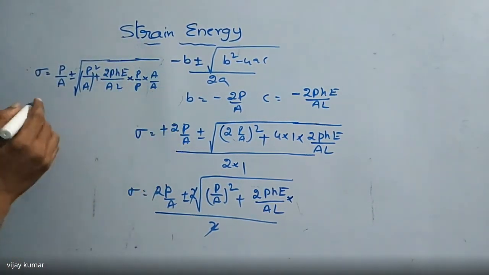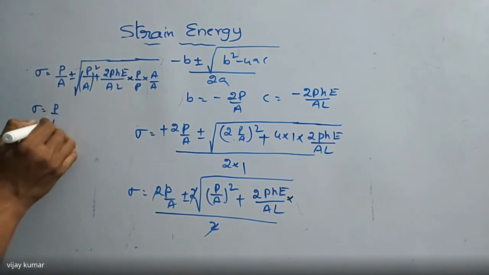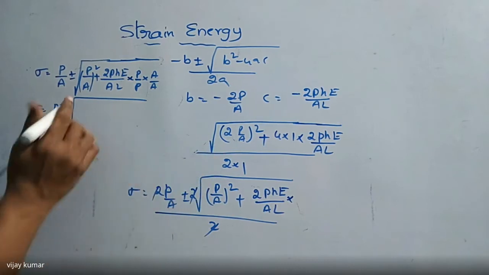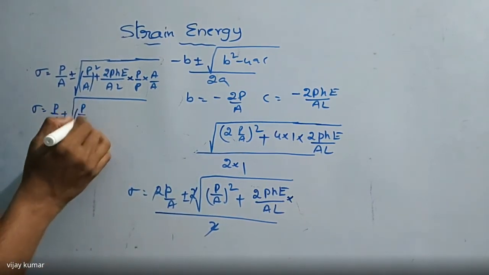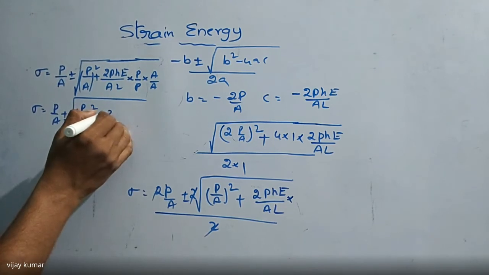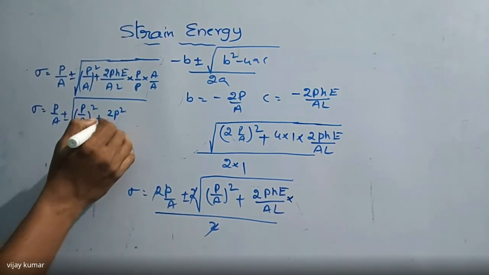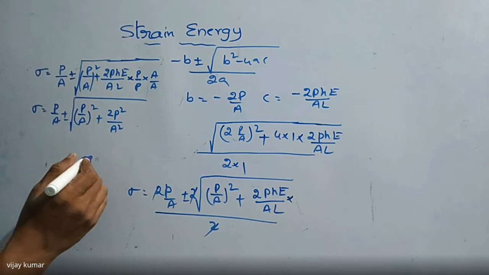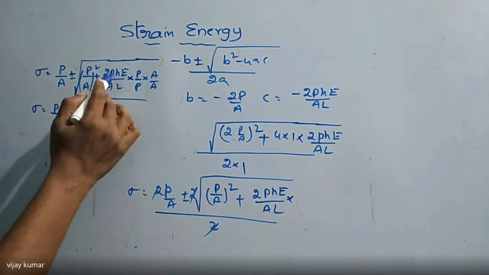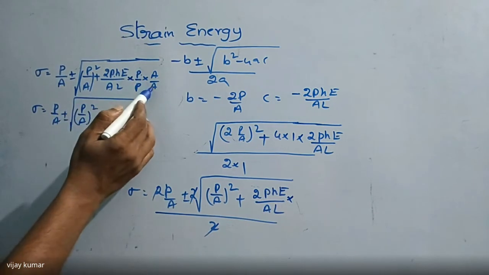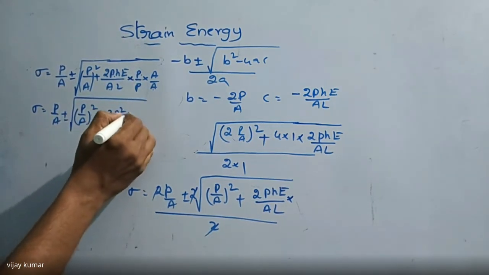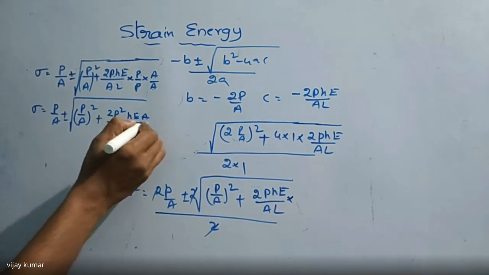See this one? Sigma is equal to P by A plus or minus square root of (P by A) whole square plus, so we can write here 2 into P square by A square, that is H into E into A divided by PL.